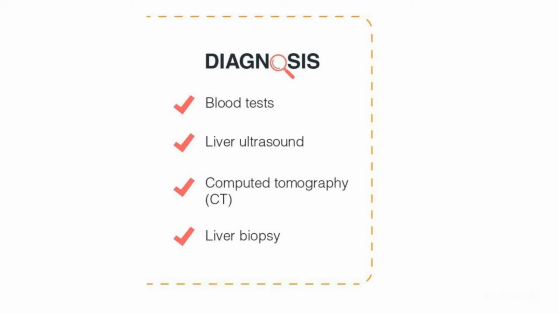To make a diagnosis, your doctor may order an ultrasound or CT scan to get a picture of the liver, or a liver biopsy to determine how far advanced the liver disease has progressed. FibroScan, a specialized ultrasound, is sometimes used instead of liver biopsy to find out the amount of fat and scar tissue in the liver.